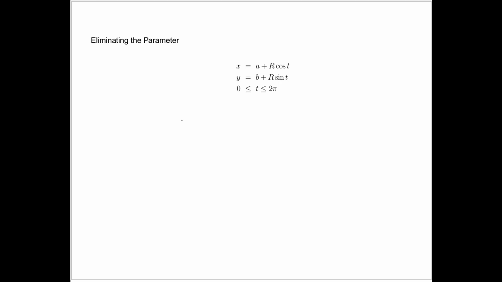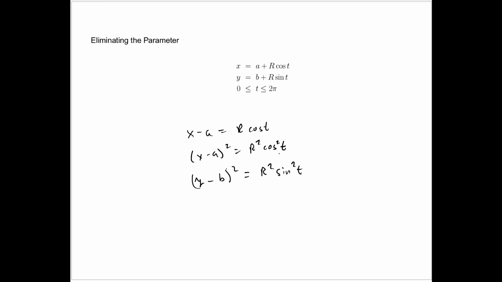One way to do this, though you can play around algebraically and often find many others, is notice here that x minus a is r cosine t. So if we square that, (x minus a) squared is r squared cosine squared t. We'll get a similar thing for y minus b squared. That will be r squared sine squared t.